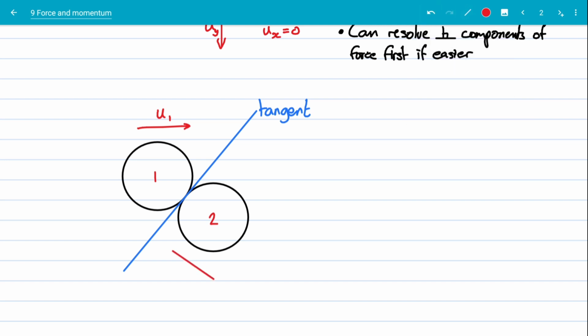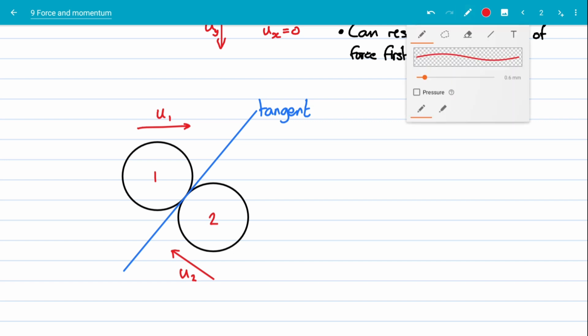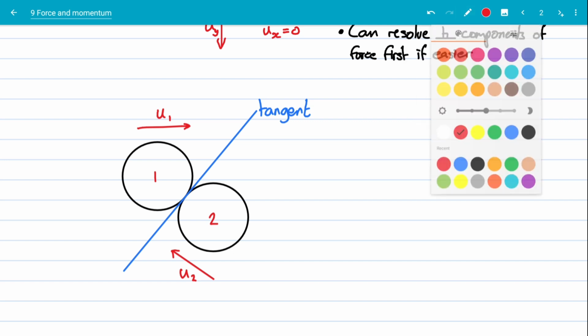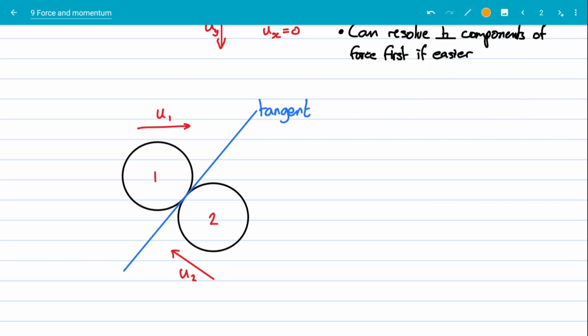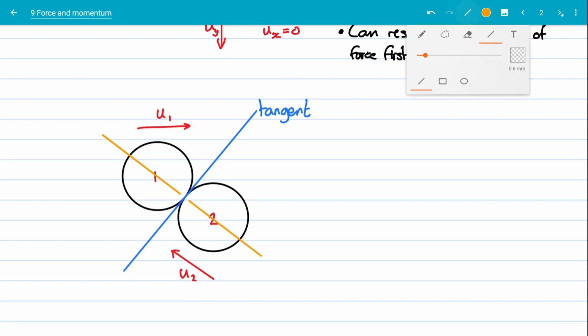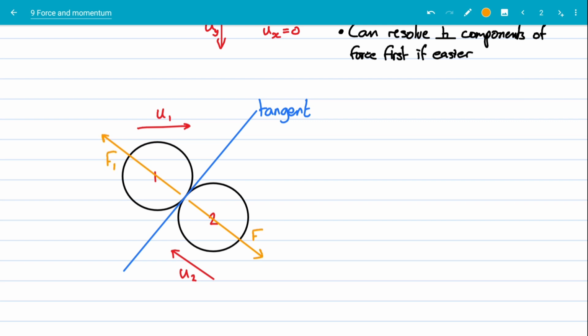It really doesn't matter what the initial direction of those velocities are. When they collide, the forces are going to be in the directions shown, regardless of their initial velocities. So this one's going to feel a force in this direction. This one's going to feel a force in this direction, just like that. So that force is the force on object 1. That force is the force on object 2.